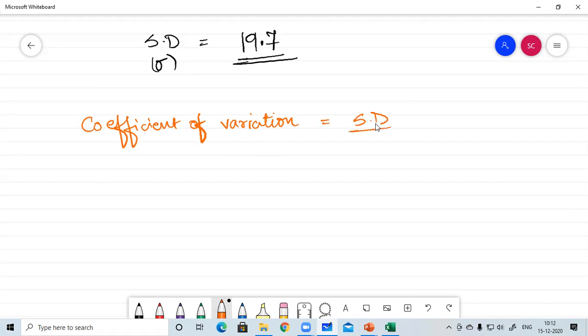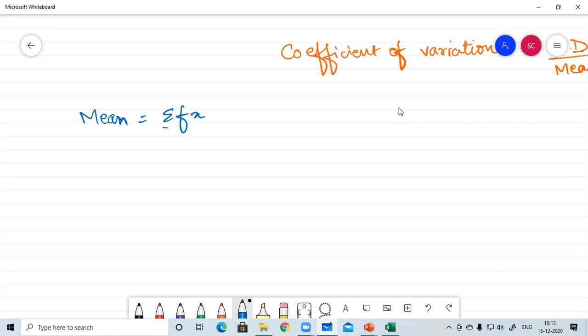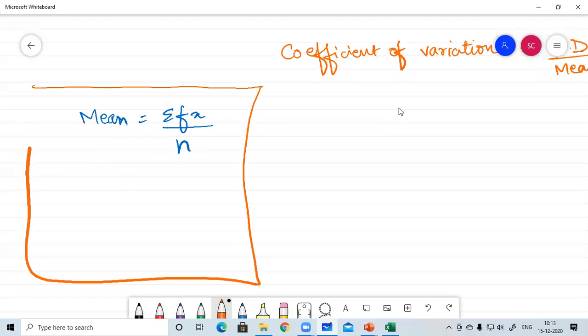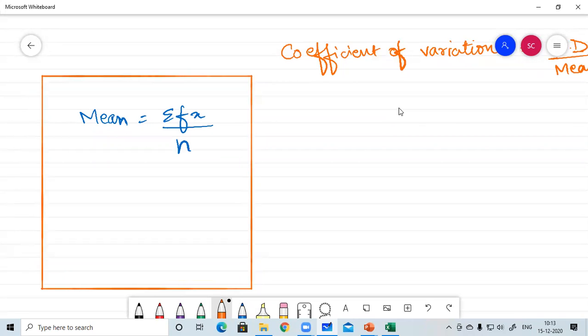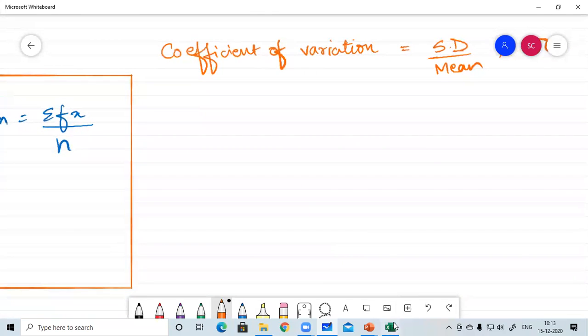Coefficient of variation is SD upon mean into 100. Again, this is grouped data, so to find my mean, mean is equal to sigma fx upon N. So I need the mean now.